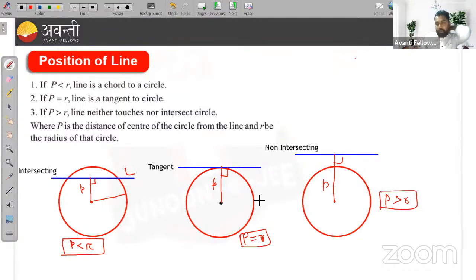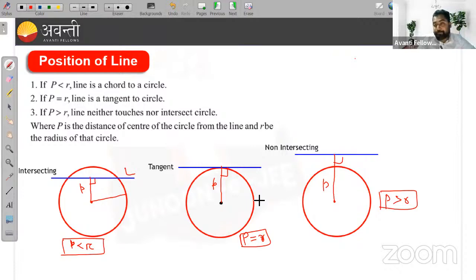Okay. Already we derived the equation of tangent also from these things. Previously, we derived the formula. So, in which conditions does the line become a tangent to the circle? What is the condition for tangents?